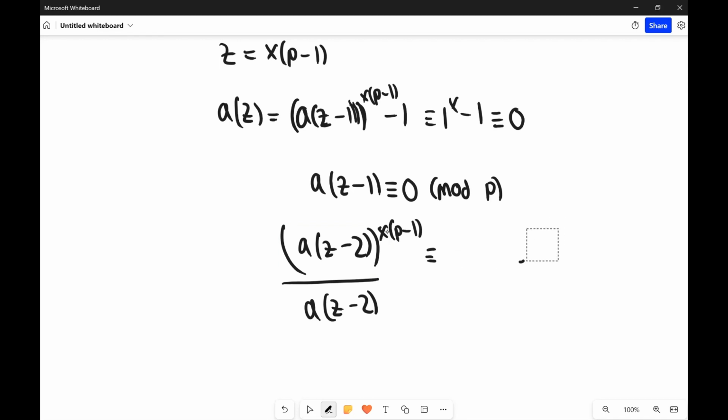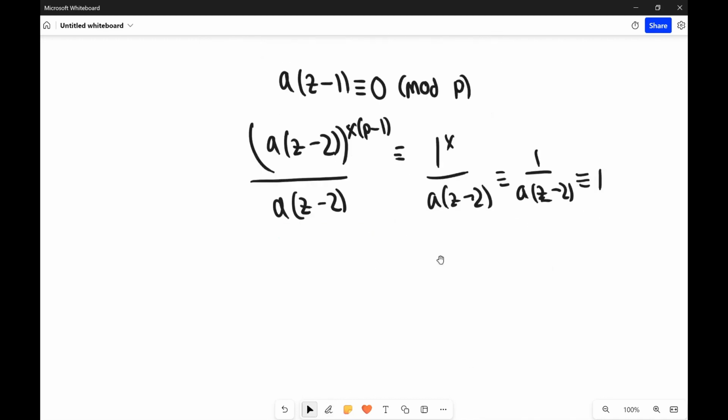So therefore, this is equivalent to 1 over a to the z minus 2, a of z minus 2, which is equivalent to 1. And therefore, we have that a of z minus 2 is equivalent to 1 mod p.